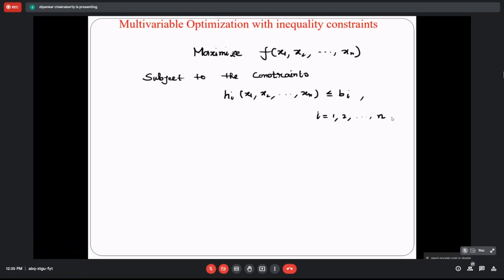If an inequality constraint is there, you always convert it to an equality constraint either by adding a slack variable, subtracting a surplus variable, or adding an artificial variable, right? You have done those things? Is it okay to you?